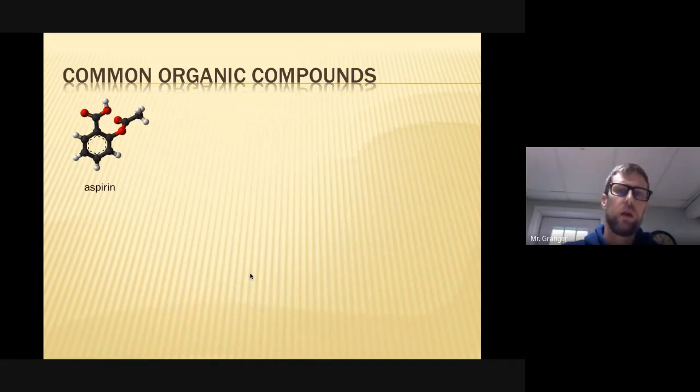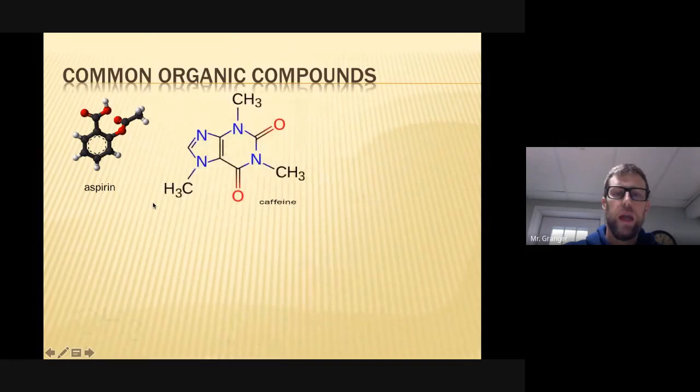So just to give you an idea of what we're talking about with organic chemistry, we've got aspirin here on the screen as one example organic compound. You can see the ring shape here that we're talking about with the 6 carbons. So this is a 6 carbon ring with some branches off of it in a couple places.